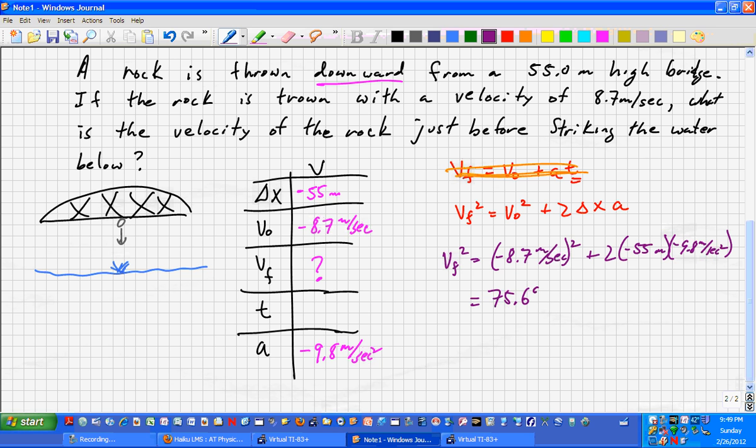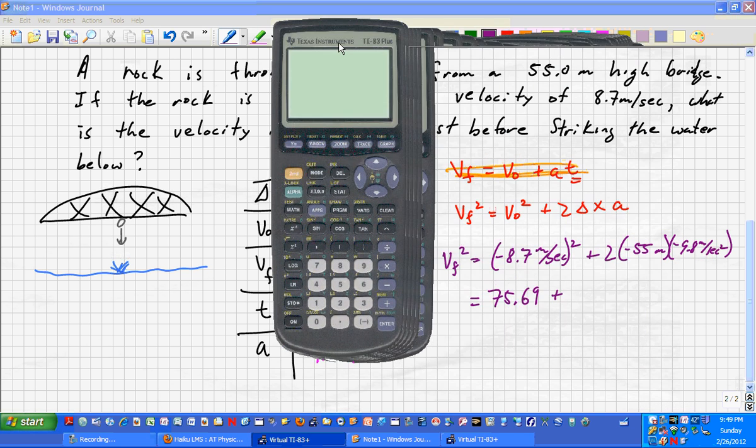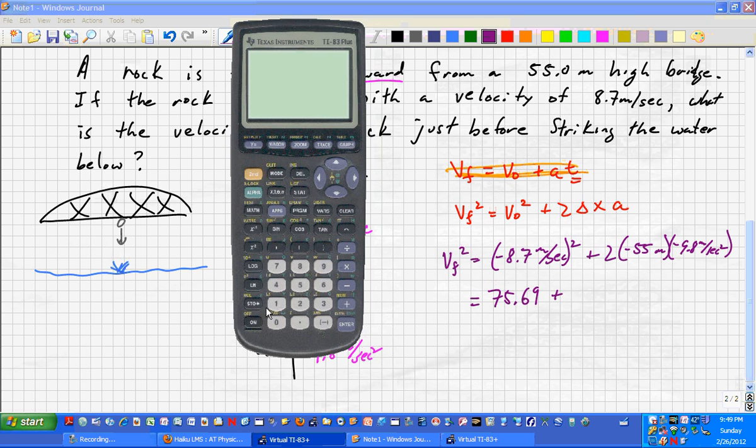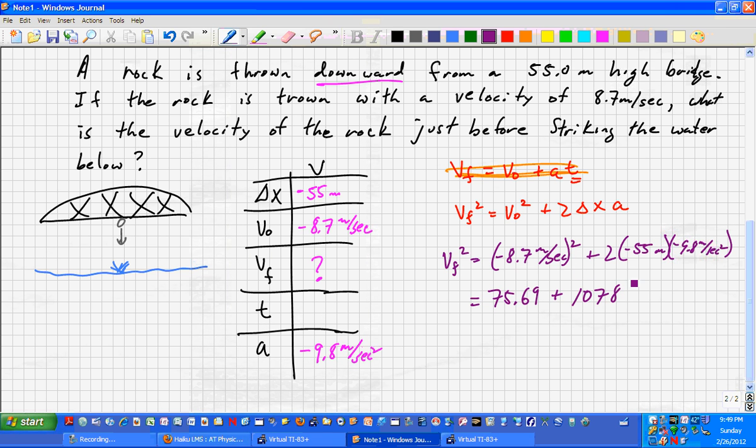So 75.69 plus, let's do this. 2 times negative 55 is equal to negative 110, times negative 9.8. Enter, and we get positive 1,078.